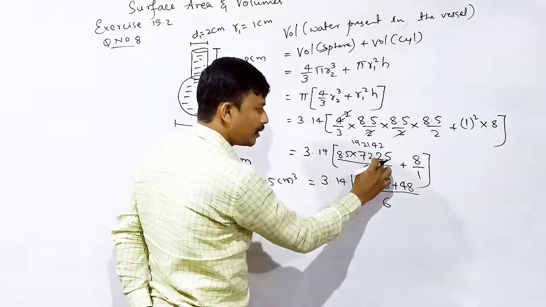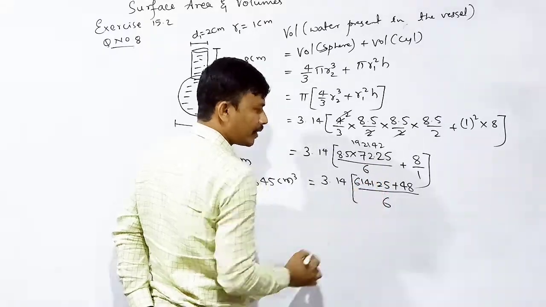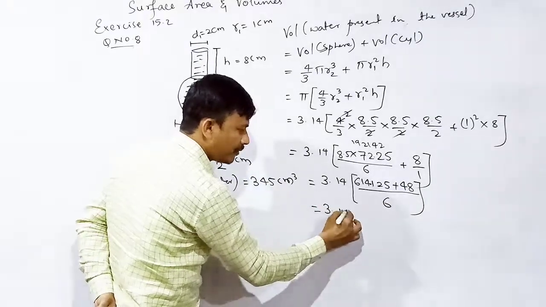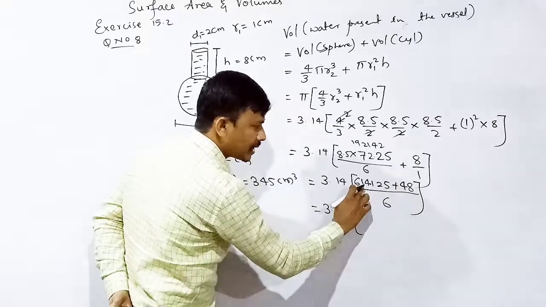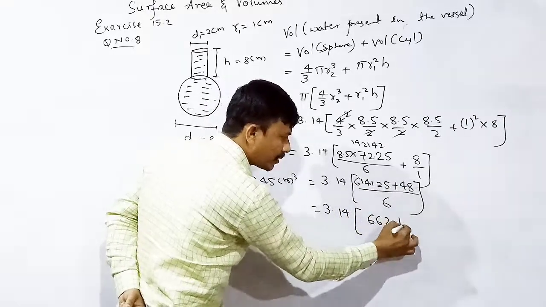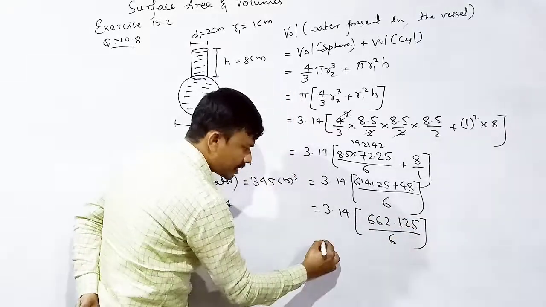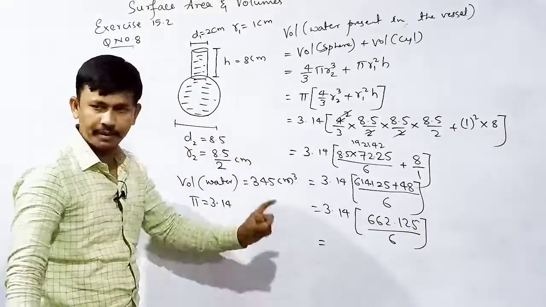After adding, what will you get? 3.14 in bracket, 614, 48, 658, 662.125 divided by 6. This is equal to 3.14 into this much divided by 6.